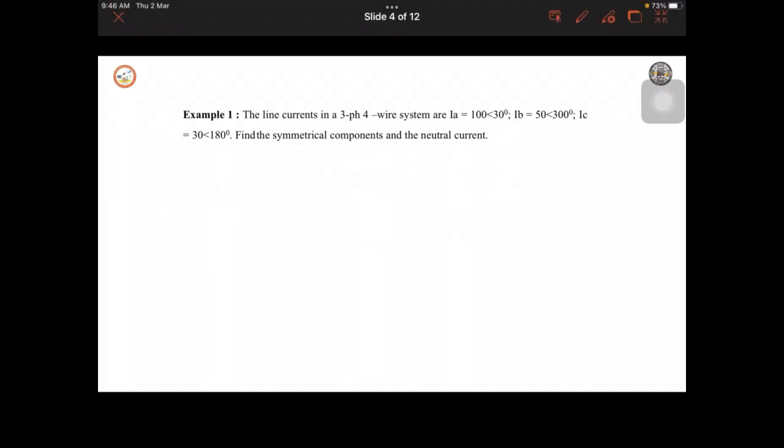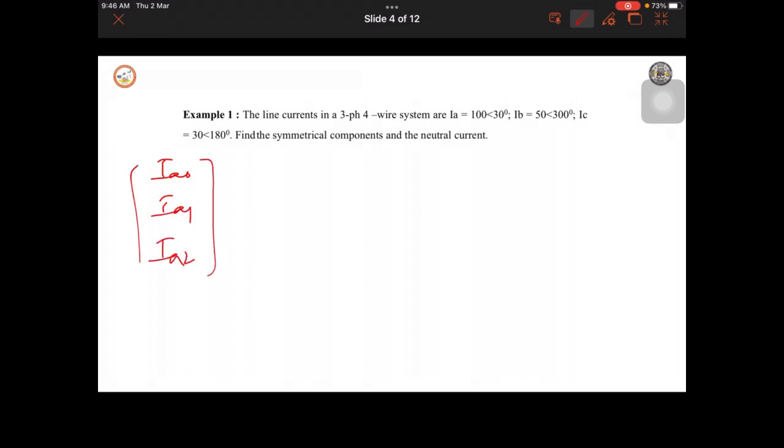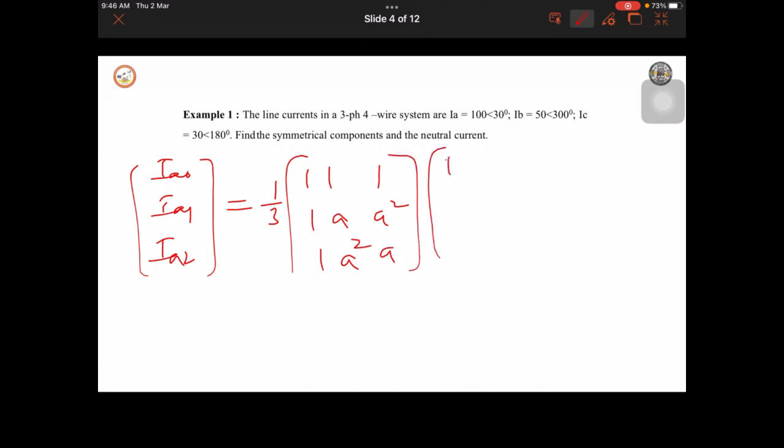The line currents in a 3-phase 4-wire system are IA, IB, IC. The complex values are given. It is asked to find the symmetrical components of the neutral current. So here we have the formula for finding the symmetrical components IA0, IA1, IA2, which is given by 1/3 of the matrix 1 1 1, 1 A square A, 1 A A square, times IA, IB and IC.